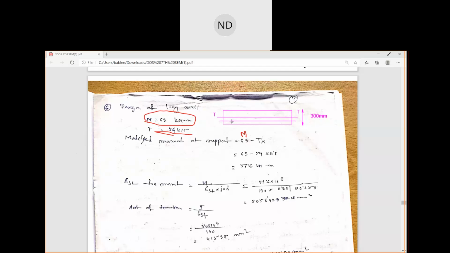Here there are reinforcements. So this distance, let us consider this distance to be x.